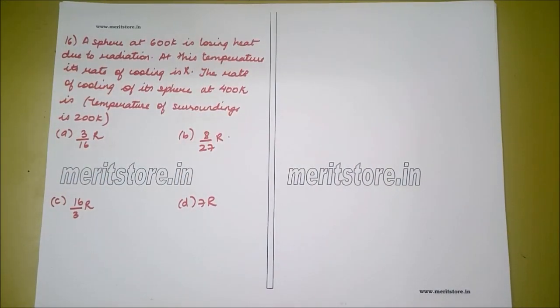A sphere at 600 Kelvin is losing heat due to radiation. At this temperature, its rate of cooling is R. What is the rate of cooling of the sphere at 400 Kelvin, if the temperature of the surrounding is 200 Kelvin?